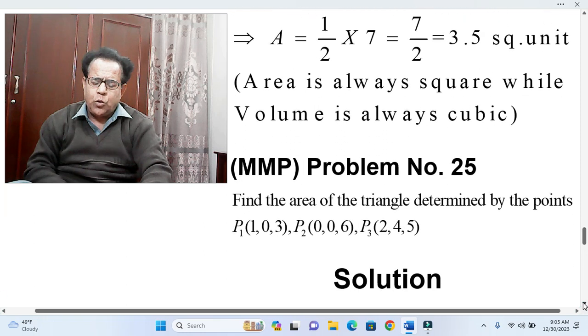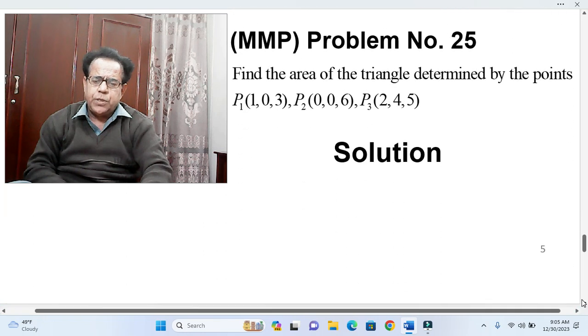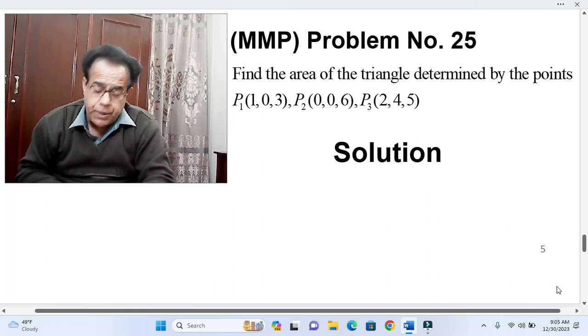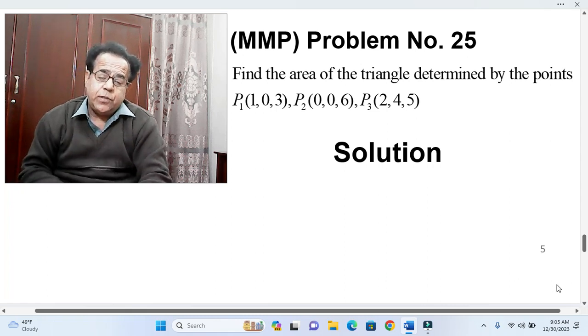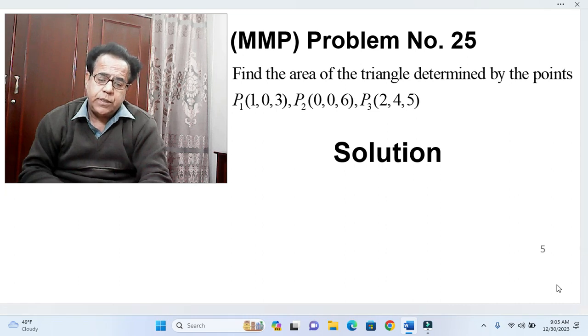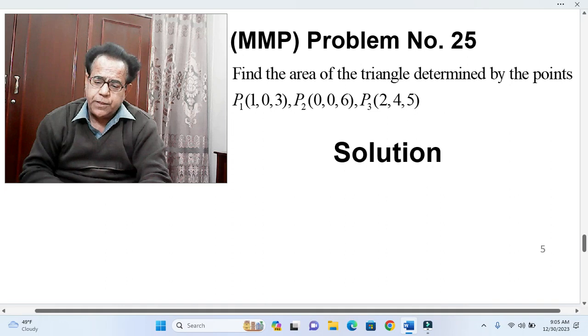Now we are coming towards problem number 25. Find the area of the triangle determined by the points P1 (1, 0, 3), P2 (0, 0, 6), P3 (2, 4, 5).